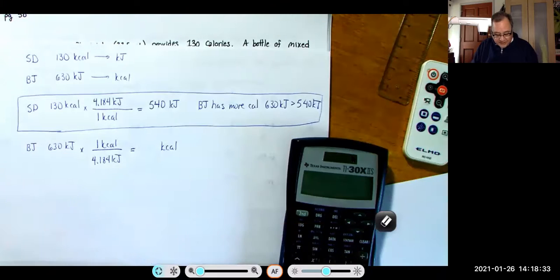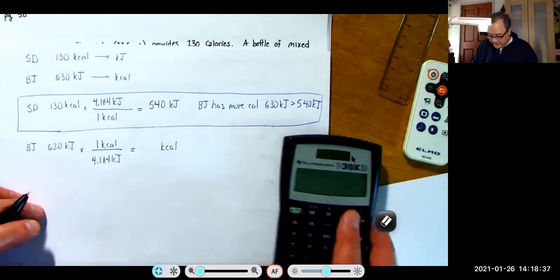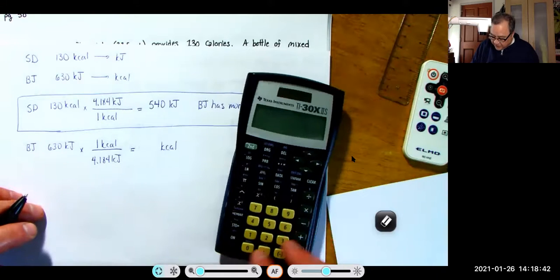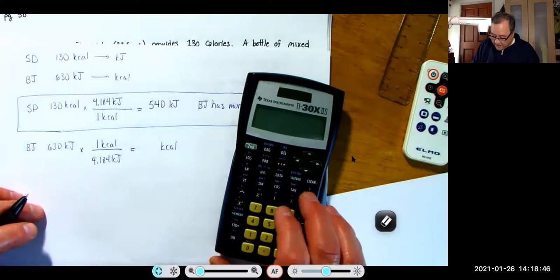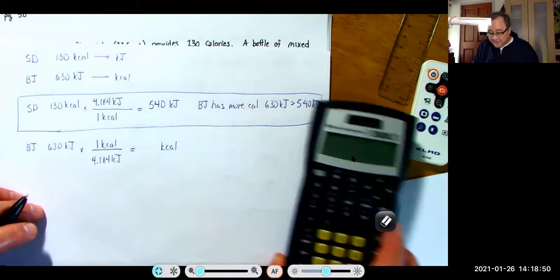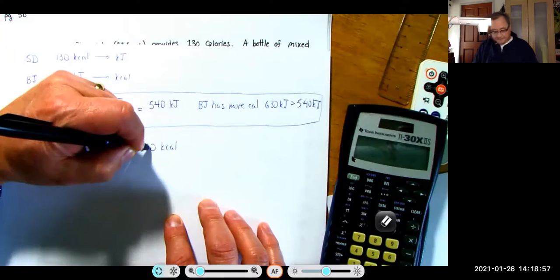So maybe not 150, maybe 157, 156, something like that. I don't know. So I'm going to do 630 divided by 4.184, and I get 150.57. I only get 2 significant figures, so I'm going to write 150.